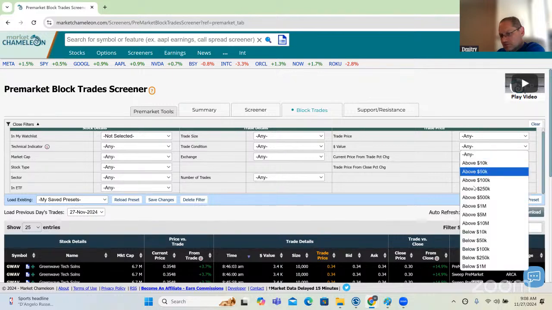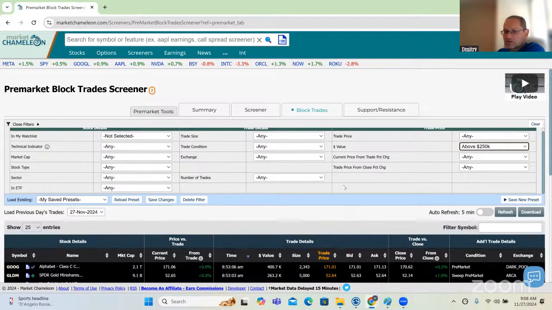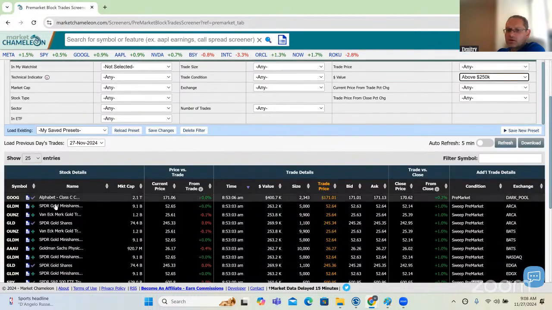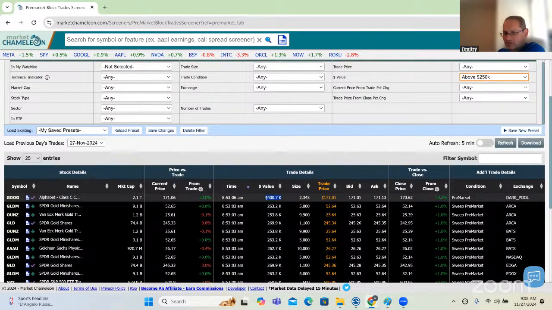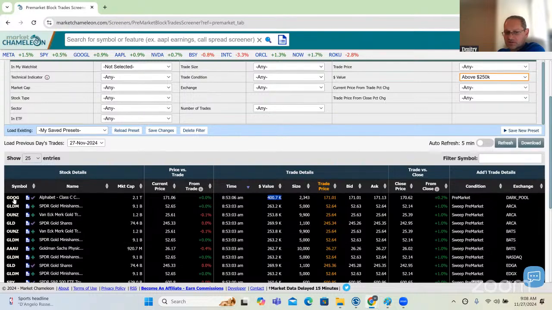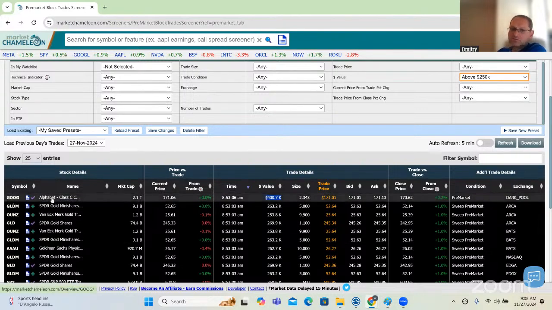I'm going to set this to 250,000. Once I click on it, now all these trades have to be notional value of at least 250,000. So let's just go from left to right and see what this means. So here we have the symbol, the name of the company.